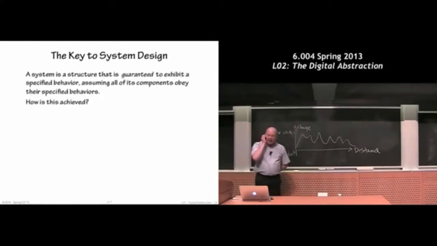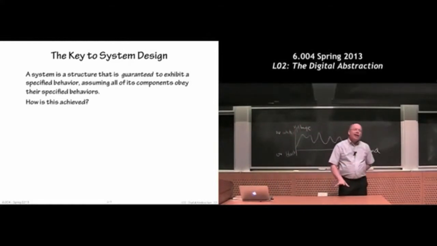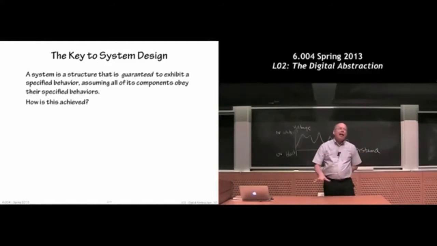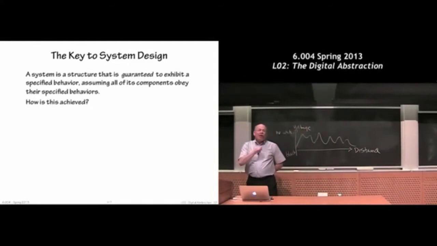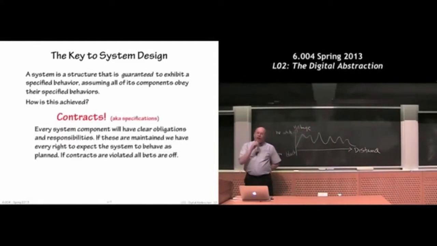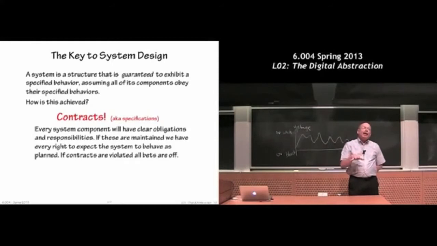So the key to system design is to build something that if I have a bunch of building blocks and I wire them together according to the rules, the system will behave as I expect, even though the real world is trying hard to mess us up at some low level. So what we're going to do is develop a set of specifications that lets us look at the real world in a more abstract way, in a way that might be impervious to noise and things like that that's being introduced.